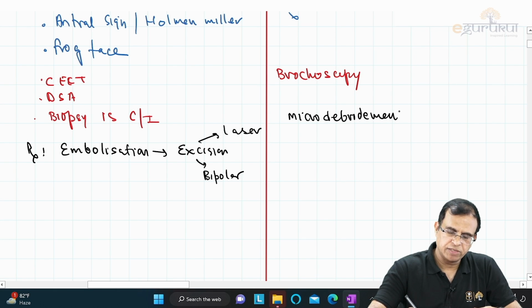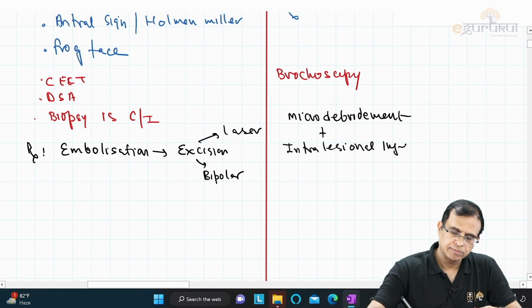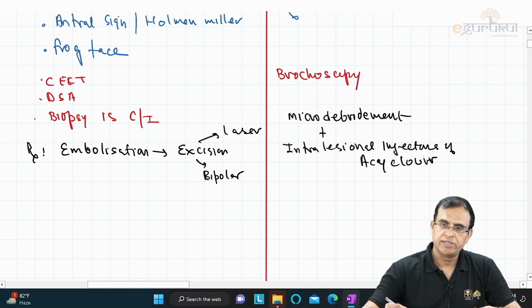These are the types of surgery that we do, plus antiviral, because it's caused by a virus. So intralesional injections of acyclovir. Acyclovir is injected inside the tumor, intralesional, plus we give interferons also.